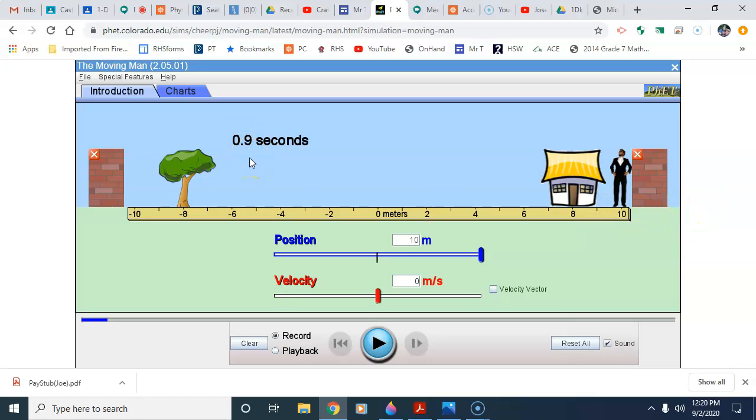What would I do mathematically with those numbers to figure out his exact speed as a value? Yeah, divide them. It would be the distance divided by the time, 10 divided by 0.9, whatever comes out to be. However, my question is, is that an instantaneous velocity when we divide those? It's an average. Very good.